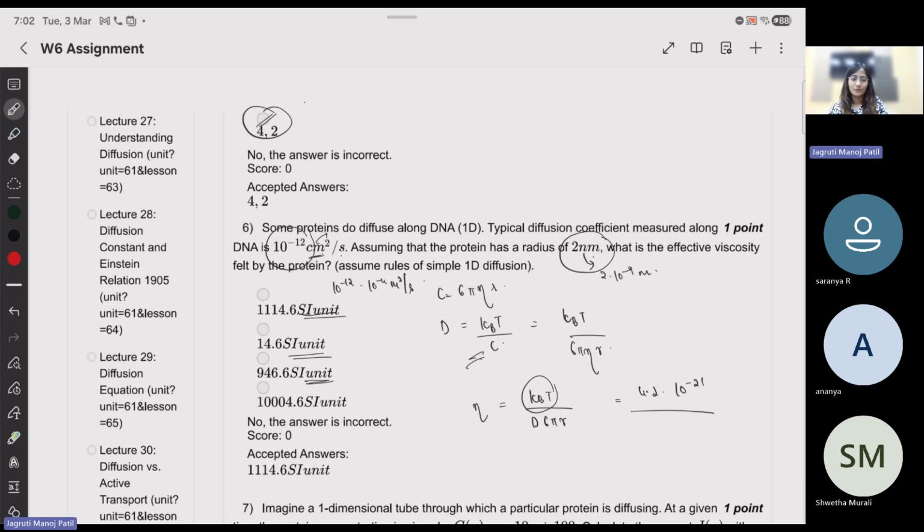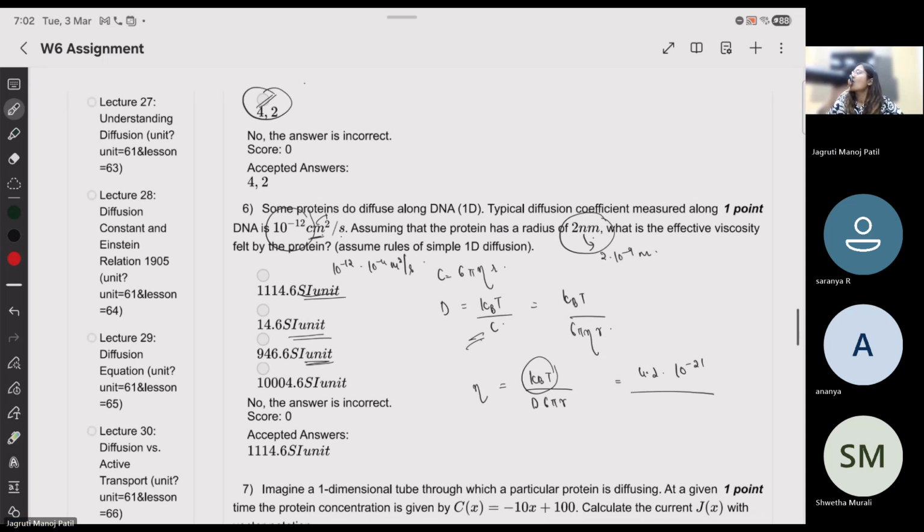I do feel this is too much on formulas, directly inserting values and formulas there. Any guesses? What would be the answer?